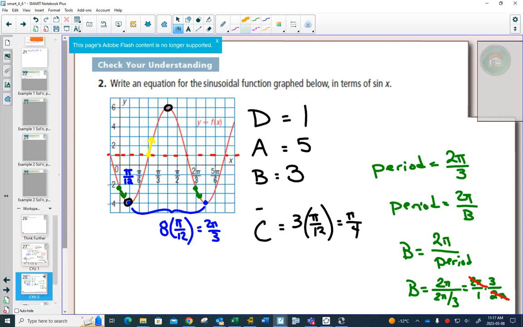And I can now write the equation. Y equals A value is 5, sine. B value was 3. Shifted pi over 4, I'm going to write the word right here. That would mean minus pi over 4.